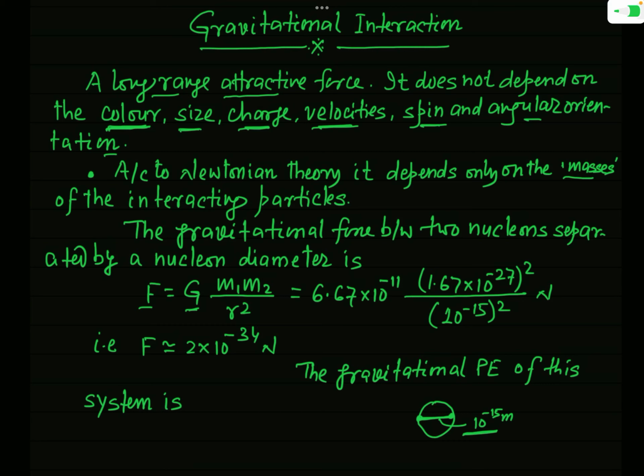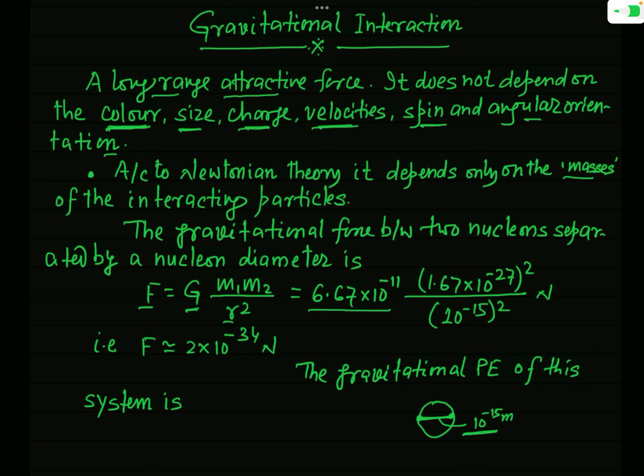You can calculate it from Newton's law of gravitation. You know that Newton's law of gravitation says F equals G m1 m2 over r squared, and this universal constant G has a value 6.67 into 10 to the power minus 11 newton meter squared per kg squared, that is in SI units.